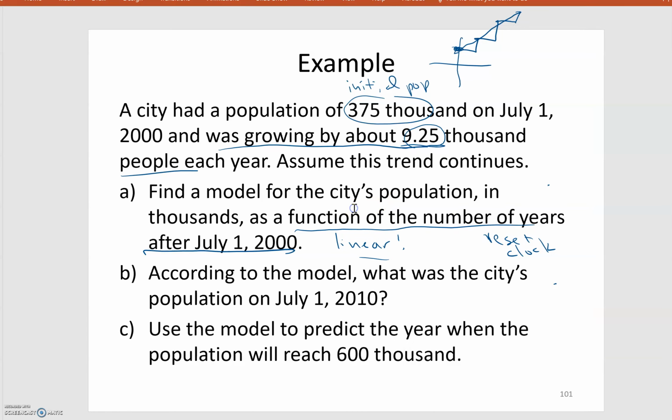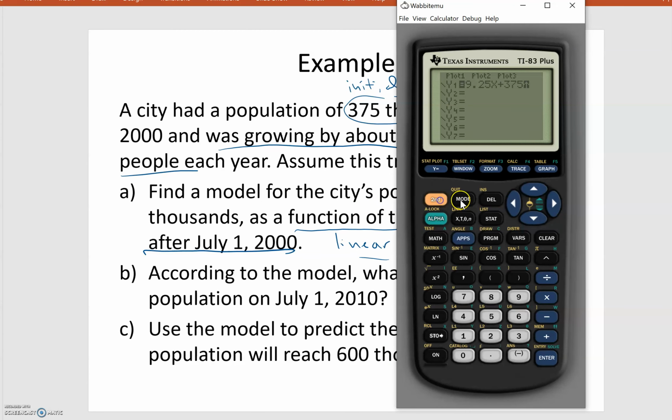Let me just make sure I'm getting the right values. Yes, I am. And then I want to know in 2010 the value of the function, so that's an input-to-output question. And 2010 is 10 years after 2000, so we have 10 years elapsed time. And so there's my output, 467,500 people.